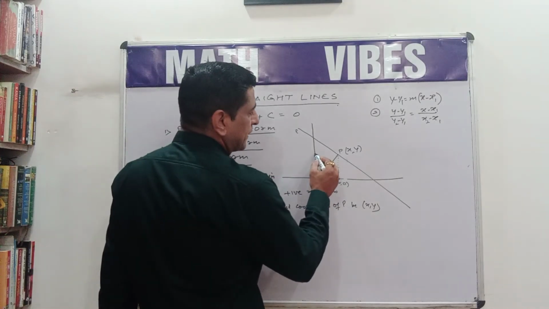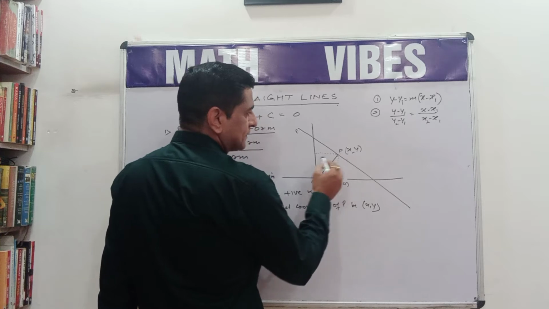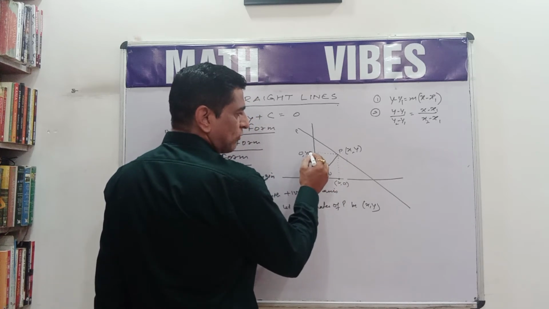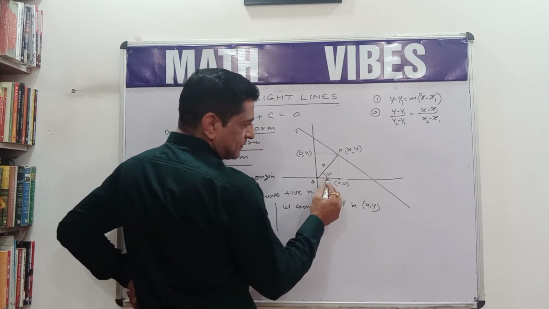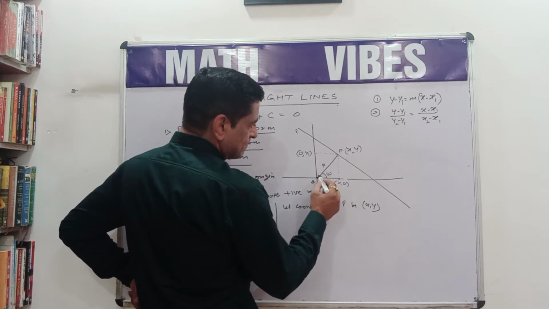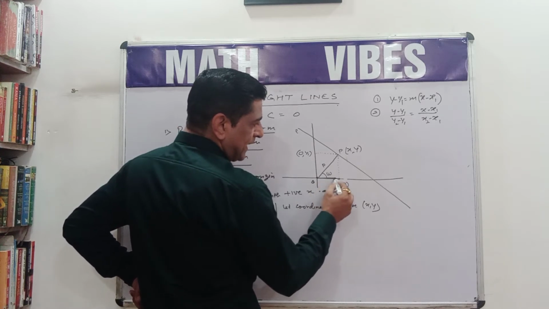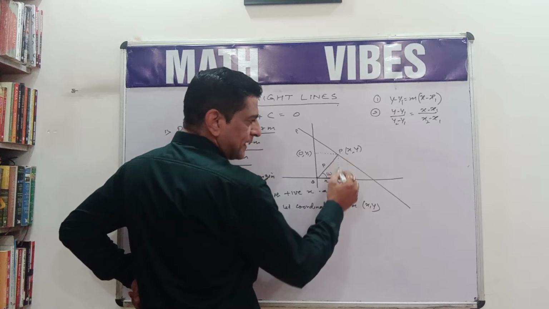And if we draw a perpendicular to the y-axis, the coordinates will be (0, y). It means this length is x and this length is y.